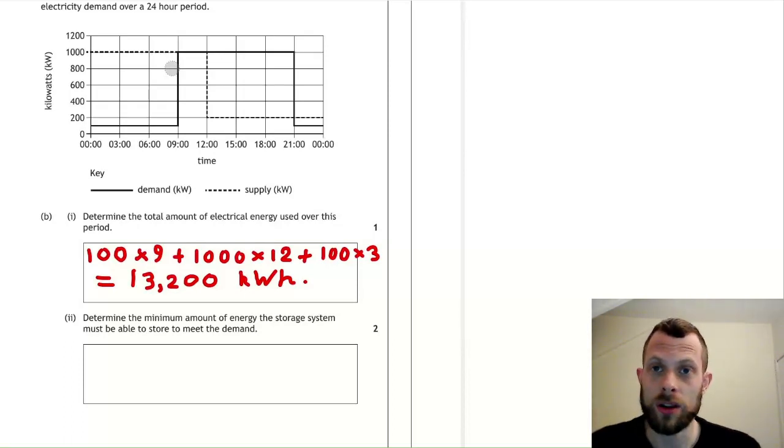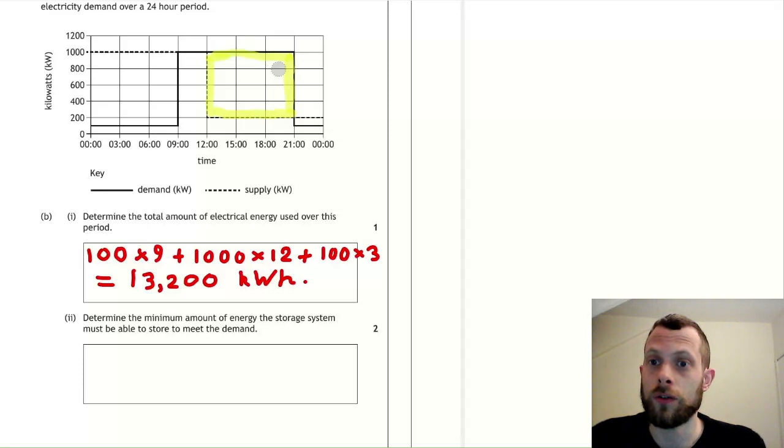However, there's maybe a slightly neater way of thinking about this on the graph. It's actually that highlighted area, which you can see is the difference between the area under the black line and the area under the dashed line, and that represents the difference.